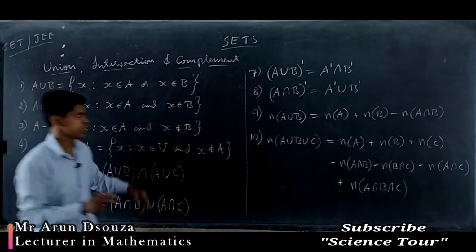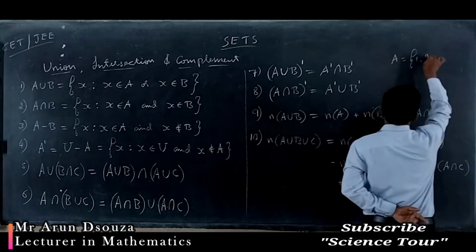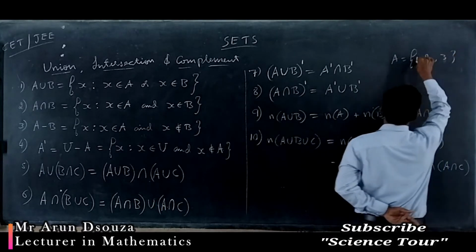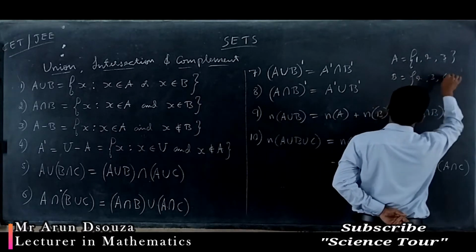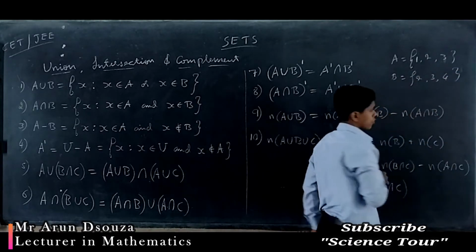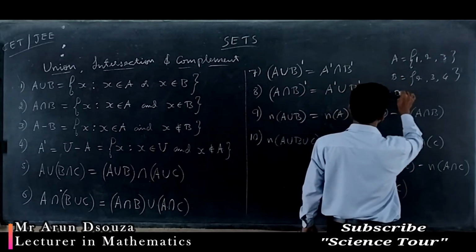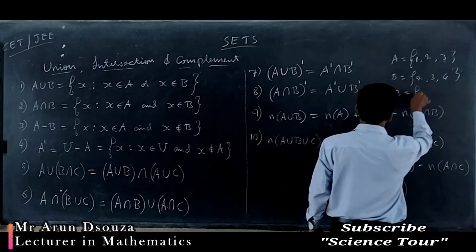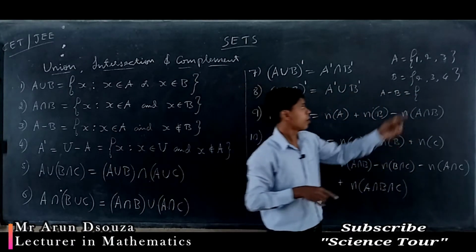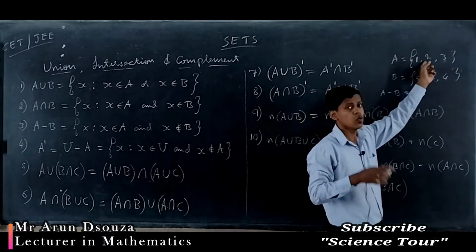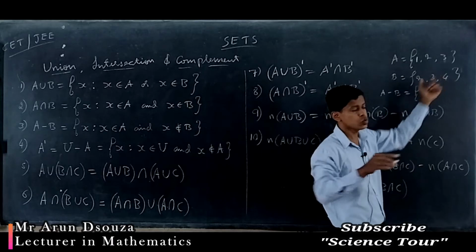So I'll give an example. You have, let us say, 1, 2, 3, and as I already said, let me take 2, 3, 4. So you have to write all the elements of A except those elements which are found in B. Now in the set A, which are those elements which are found in B? 2 and 3.